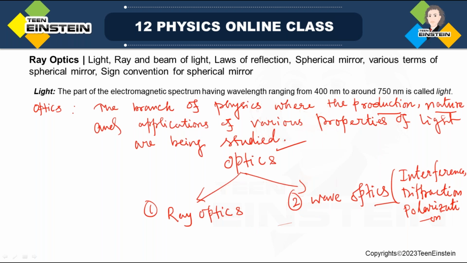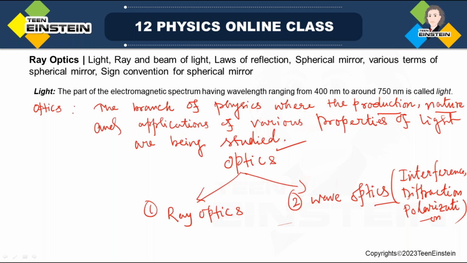In other words, these properties or phenomena of light can be explained only by the wave theory or wave nature of light.